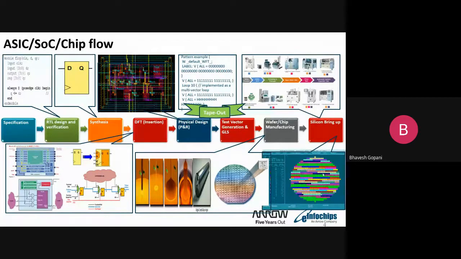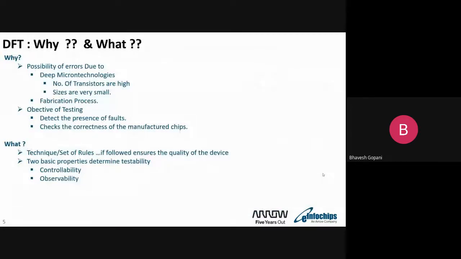Okay, so now I think we should go with why DFT and what DFT. So why DFT? There are possibilities of error. The technology node is continuously shrinking, and nowadays people have started working on 3 nanometer technologies. 3 nanometer and 5 nanometer technology chips are already out in the market.